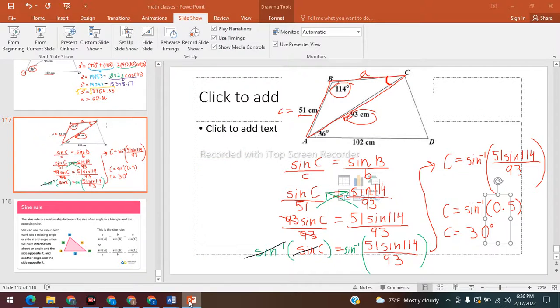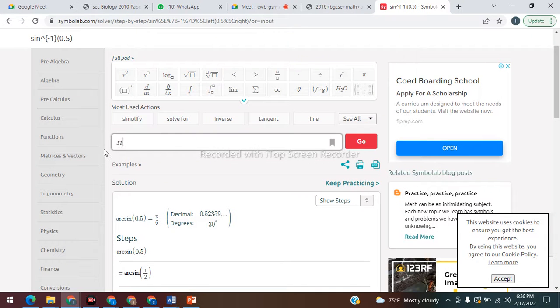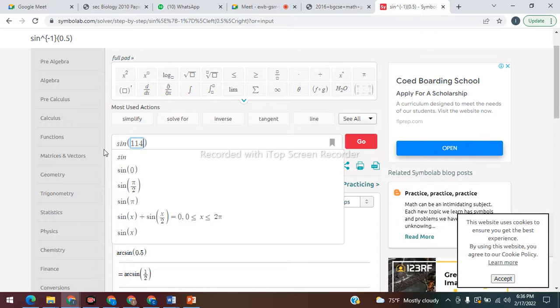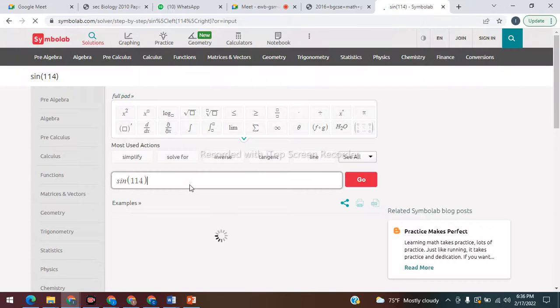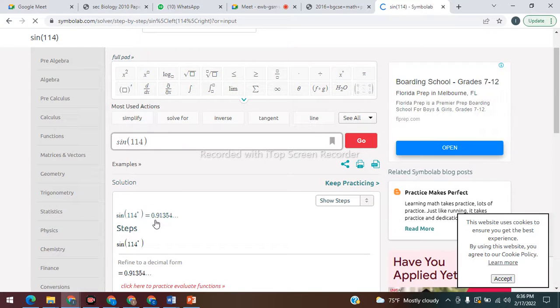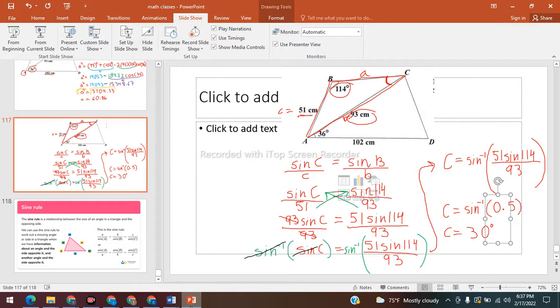Okay, so let's do it step by step. Sine 114 is supposed to give you what? 0.9, right? Sine 114 gives me 0.91. Good. Multiply that by 51.